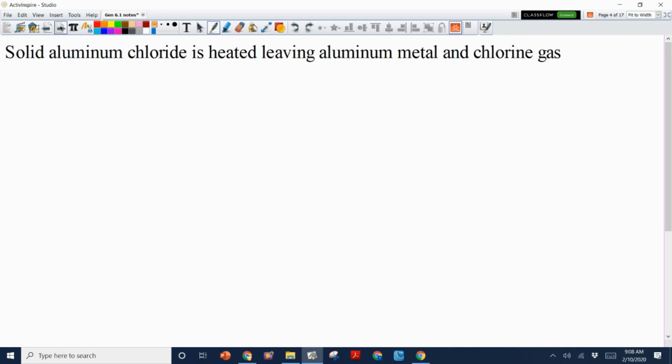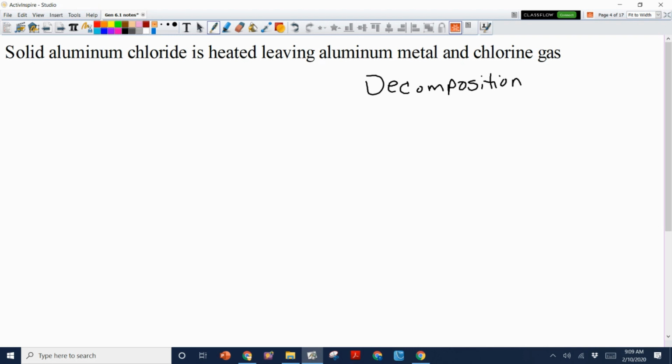The next type of reaction that we're going to talk about is called a decomposition reaction. In a decomposition reaction, you have a compound that's going to break down into other elements or compounds. Here it says aluminum chloride.